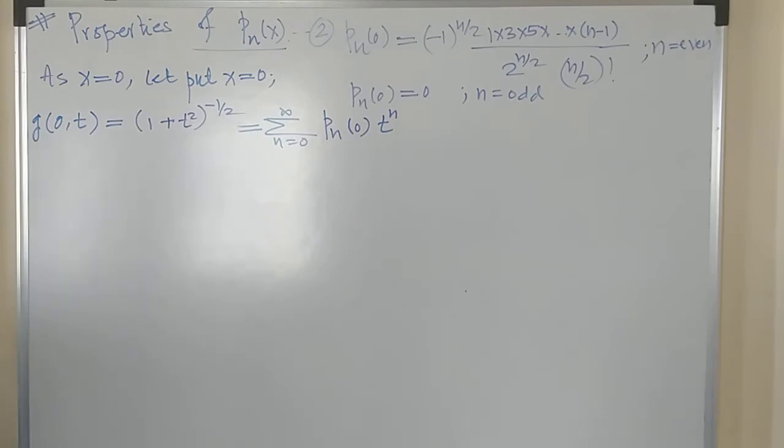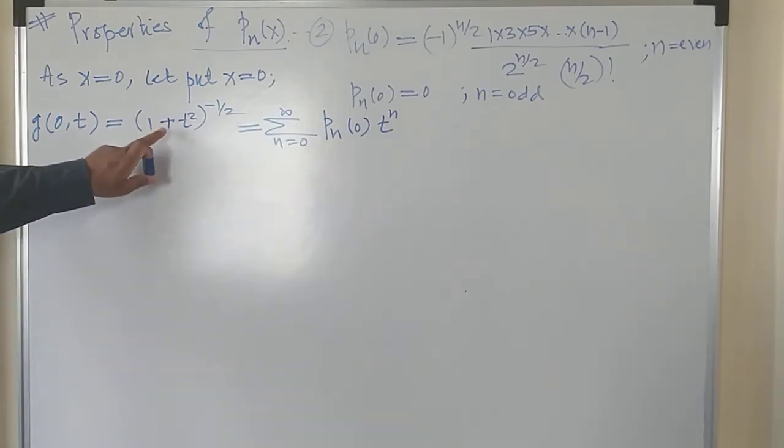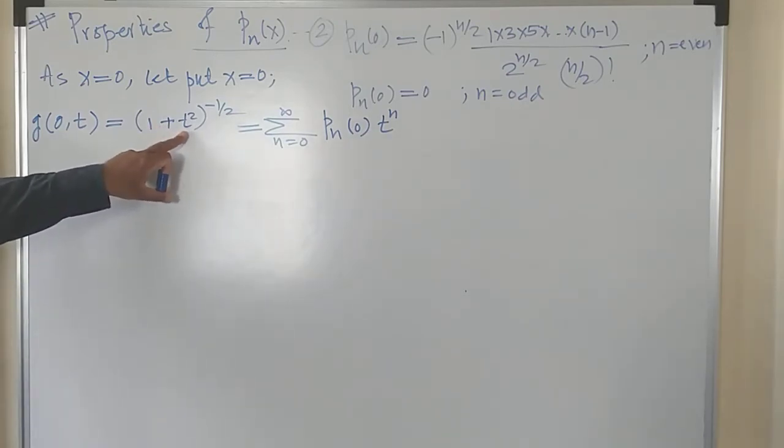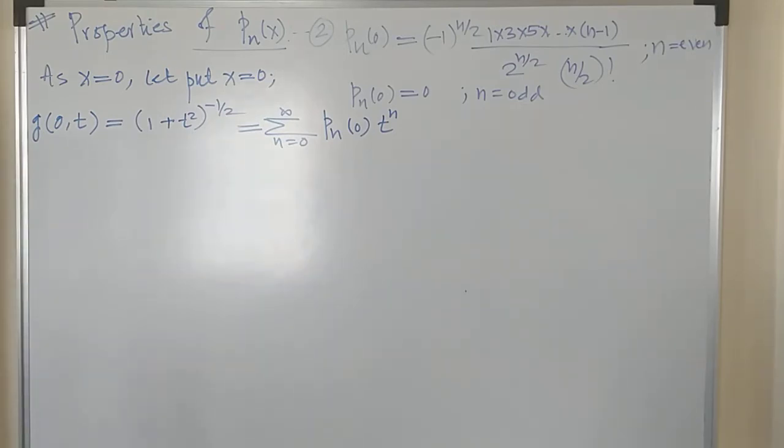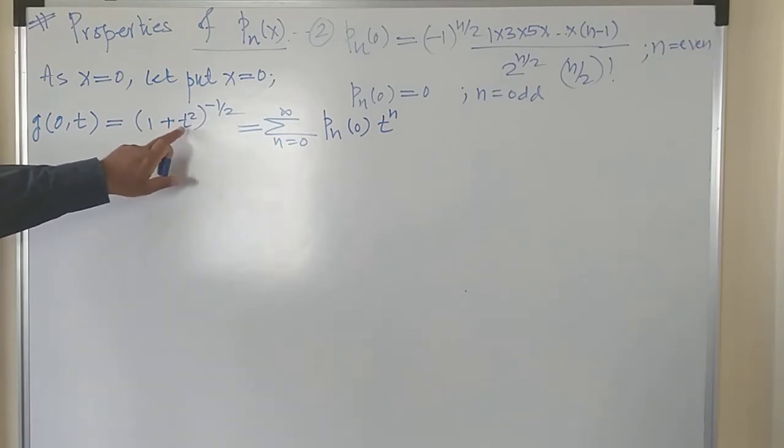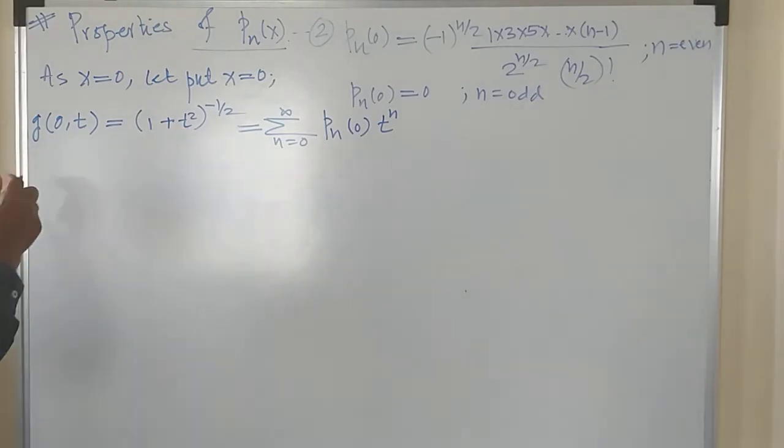Now expand this 1 plus t square raised to power minus half using binomial expansion, and we know that binomial expansion is a plus b raised to power n, where here the value of a is 1, b is t square, n is minus half.